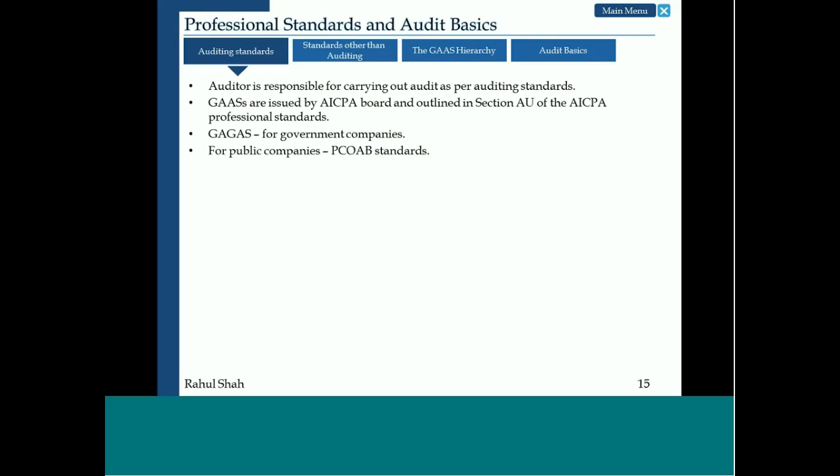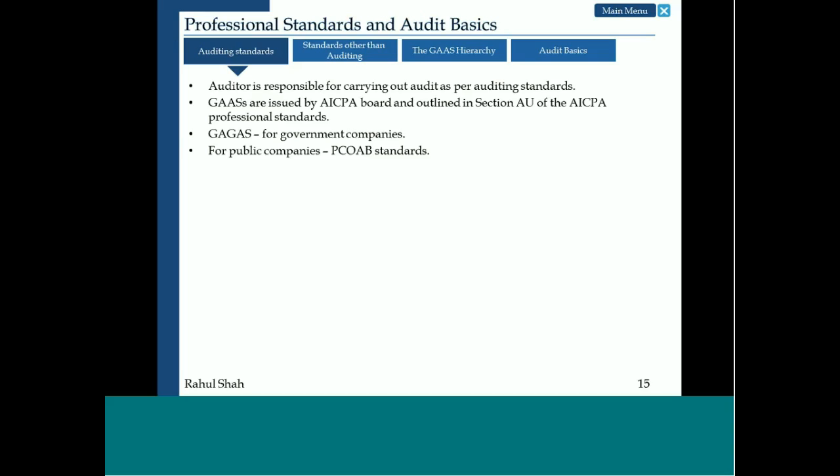So this is a source for you. GAAS would be referred to as section AU 100, AU 200, AU 202. These are the codification section names, just like in FAR we have ASC, the accounting standards codification, with a number, and then we refer to that particular standard. In GAAS, we refer to section AU, meaning auditing, 202 or 205, and so on.